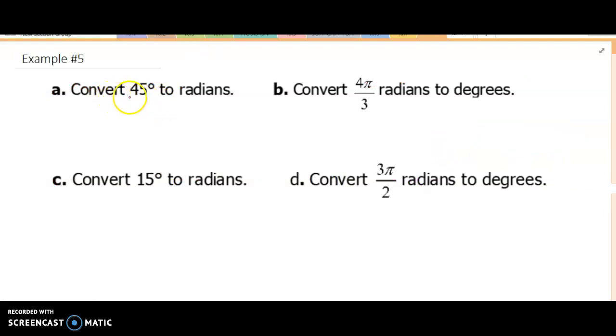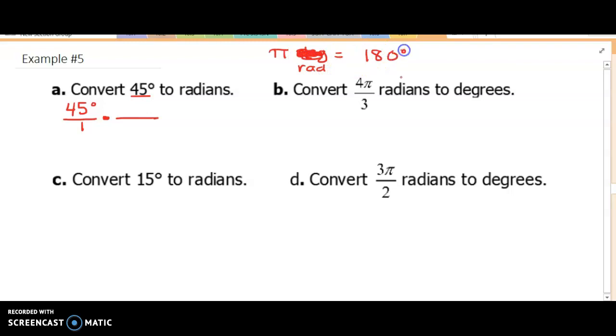All right, so example 5, number A. It says convert 45 degrees to radians. You can think of 45 over 1 if you like. We're going to multiply. Now think of stoichiometry. We have pi radians equals 180 degrees. Think of stoichiometry in chemistry: we want the degrees to cancel and to be left with radians.